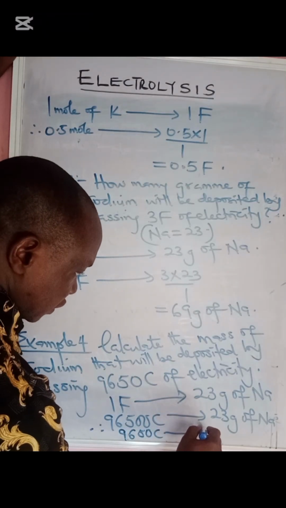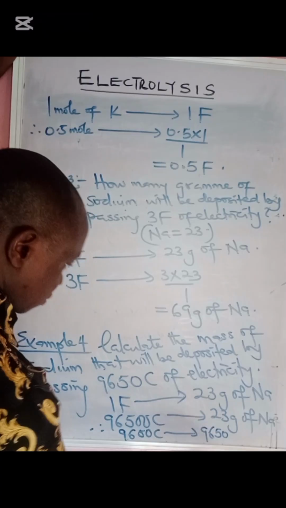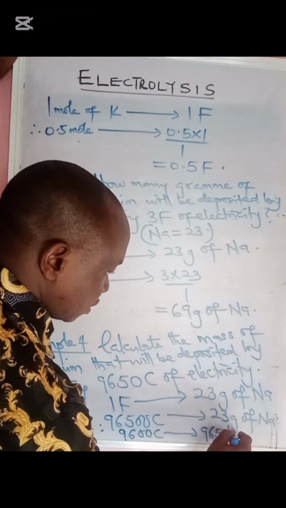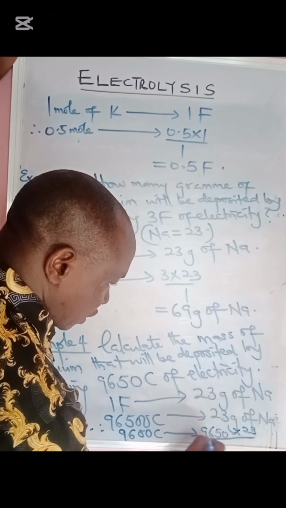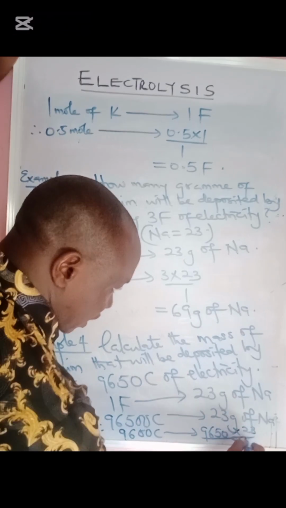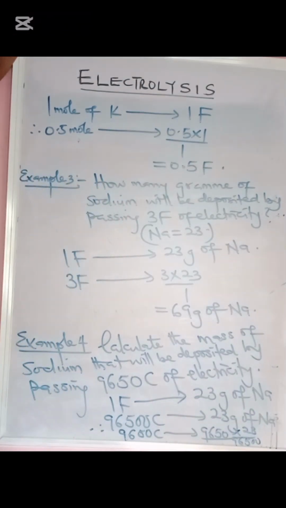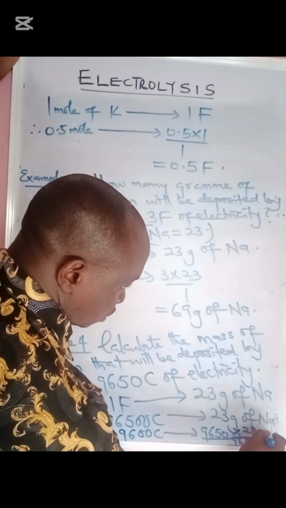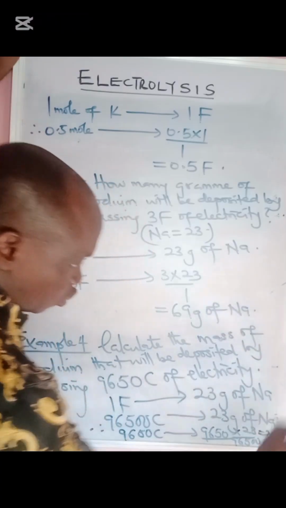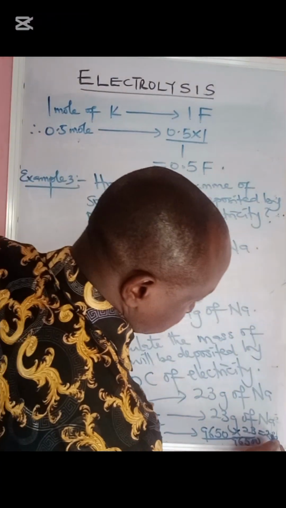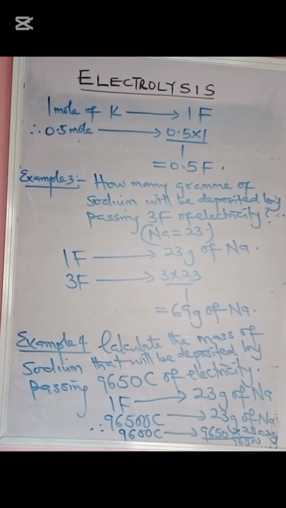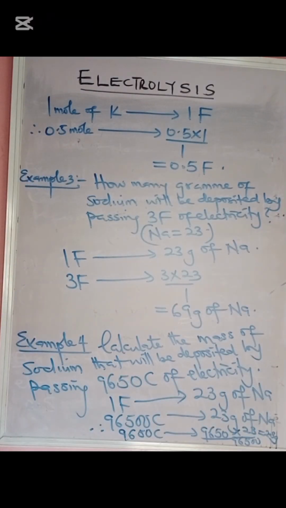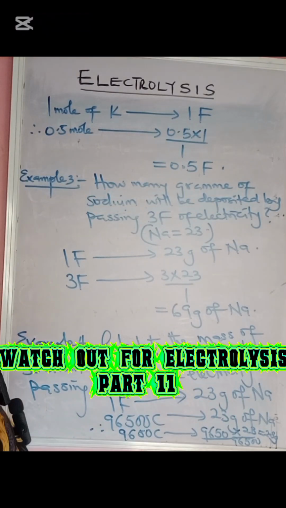We take 9,650 times 23, everything divided by 96,500. When you do this, you are going to get 2.3. So the answer will be 2.3 gram. Please take note of that. So we are giving you 4 good examples.